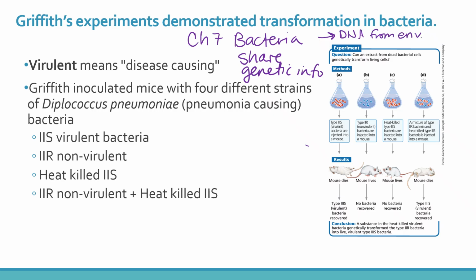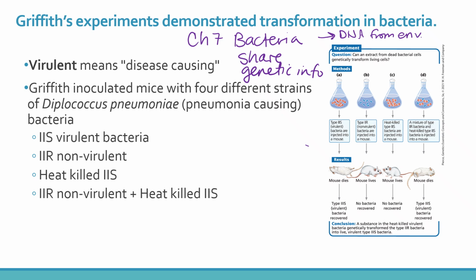And that is the basis of Griffith's experiment. So we're going to go through the setup for Griffith's experiment, then we're going to talk about what happens in this experiment and how it tells us that DNA is that transforming principle.